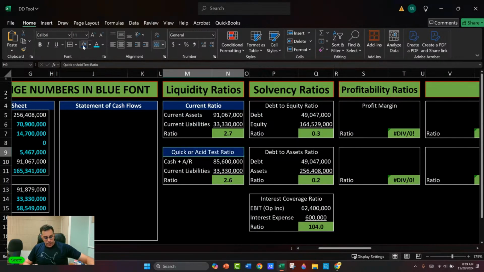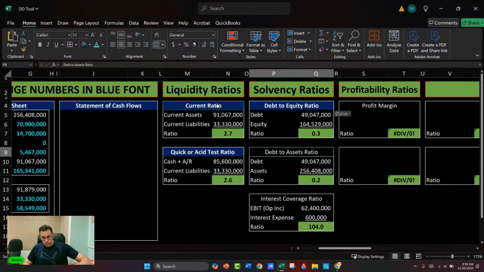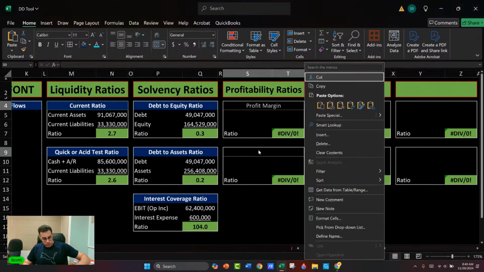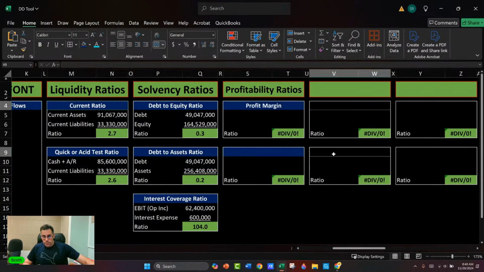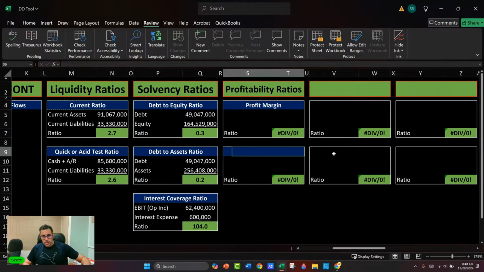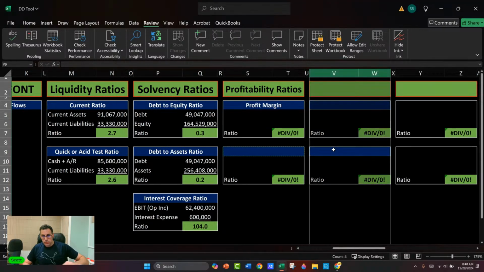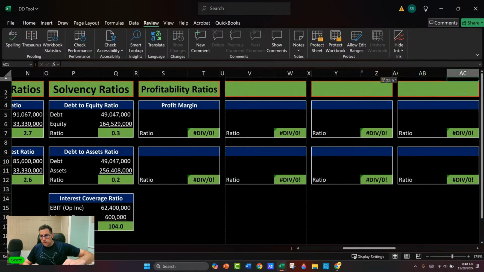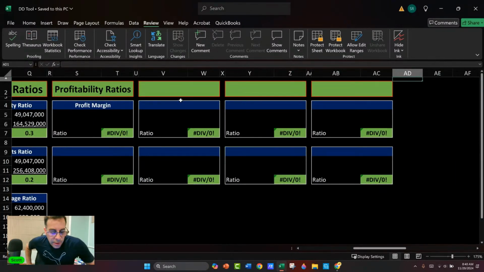Let me change these headers so they stand out a little better. Profitability ratios.